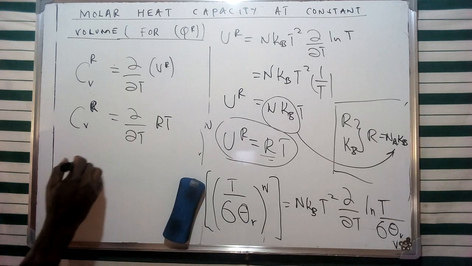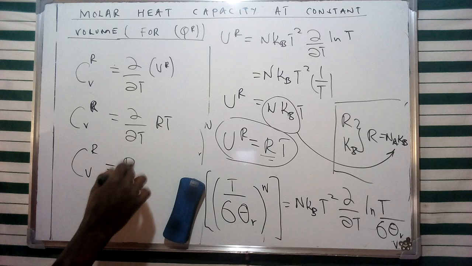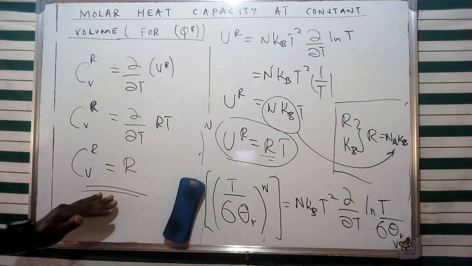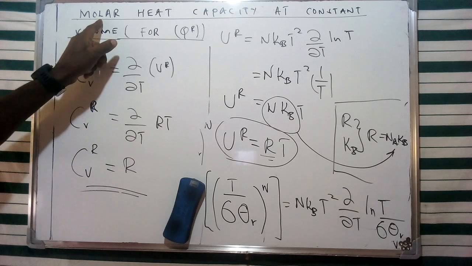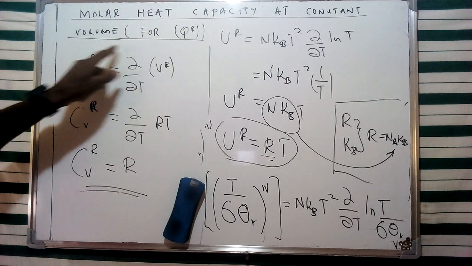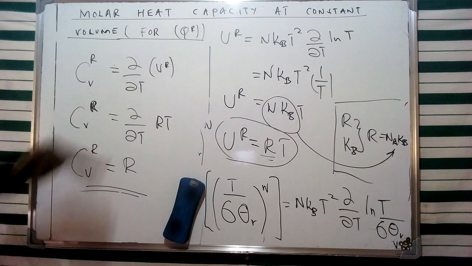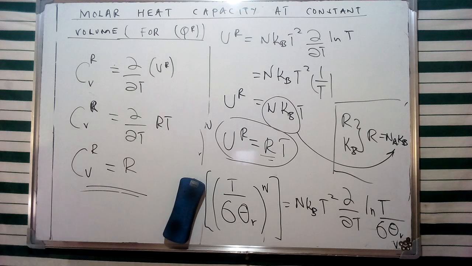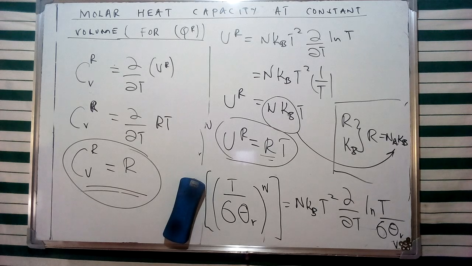If we do this evaluation, it reduces to R, the universal gas constant. This is the molar heat capacity at constant volume for the rotational partition function, and it is a property of a rigid rotor, which we considered in our initial case. I assume we will take note of that as we come across problems related to this.